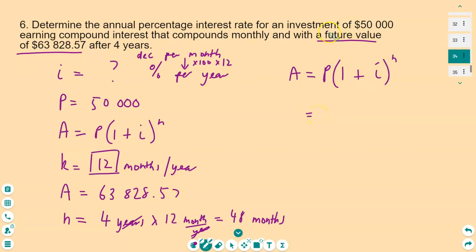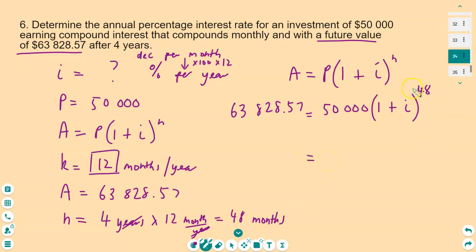We've got our data table. A is this much. $63,828.57 equals our principal, 50,000, times 1 plus I to the 48.